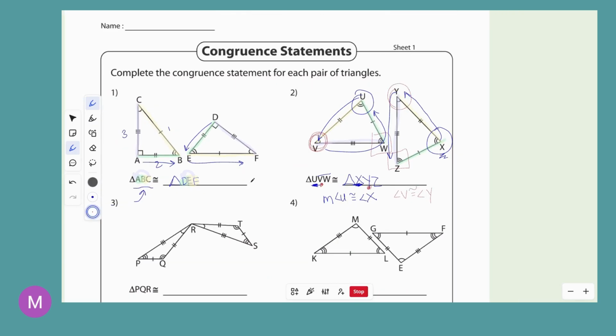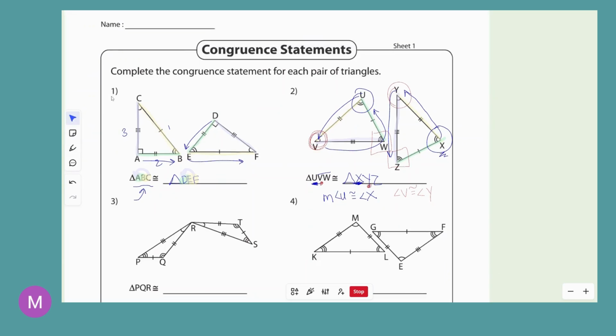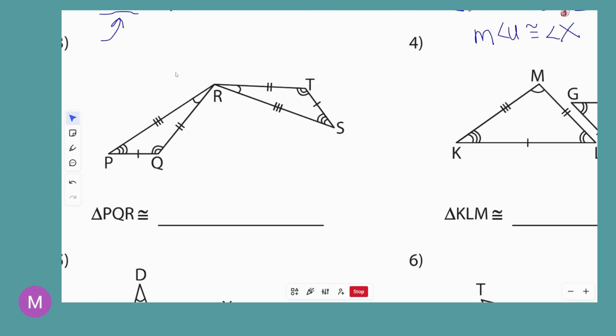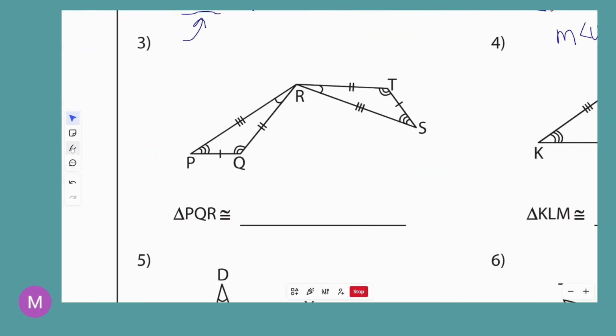Let's go on to the number 3, the next one. All right, again, if you want to take just a second to highlight. 1 and 1, 2 and 2, 3 and 3, and then let's follow the direction.